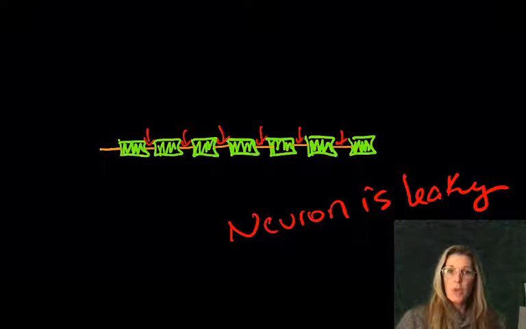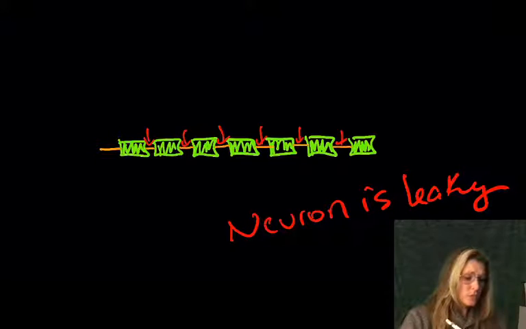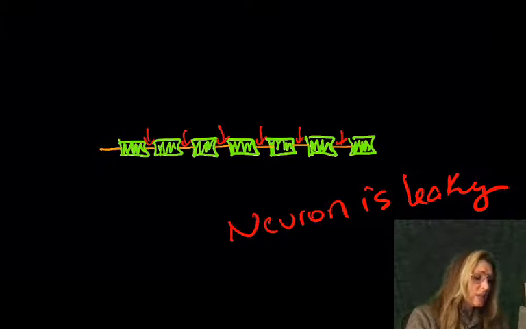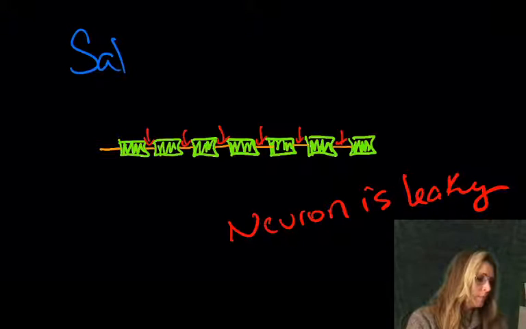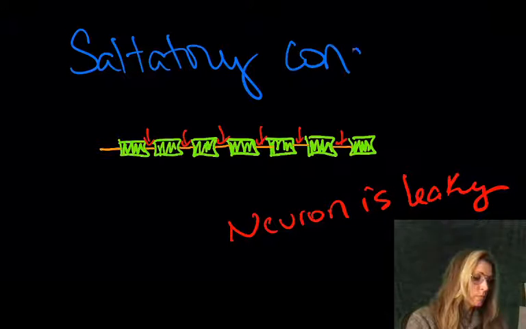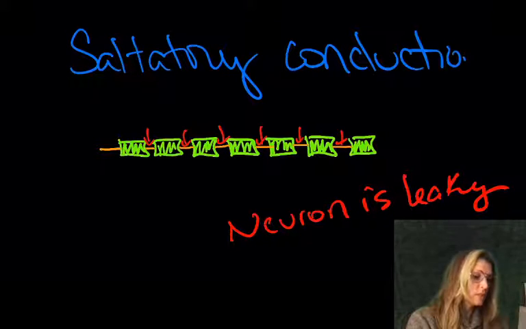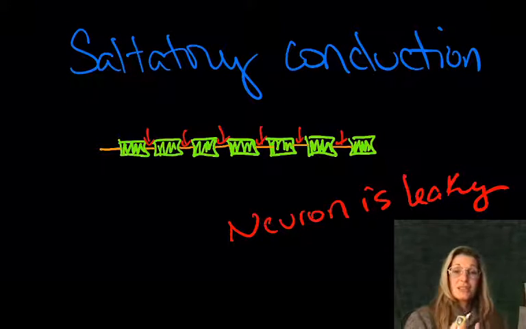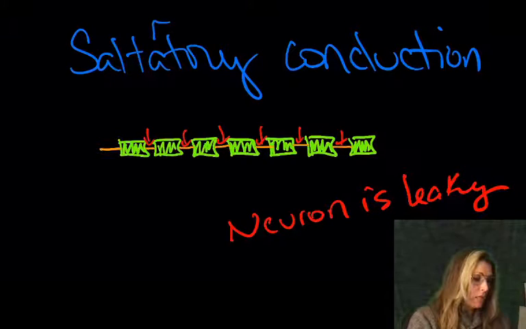Intensity is the right word. Without losing any of its ions would be the better way to say that. Okay, so this is called saltatory conduction. Saltatory means jumping. Okay, jumping.